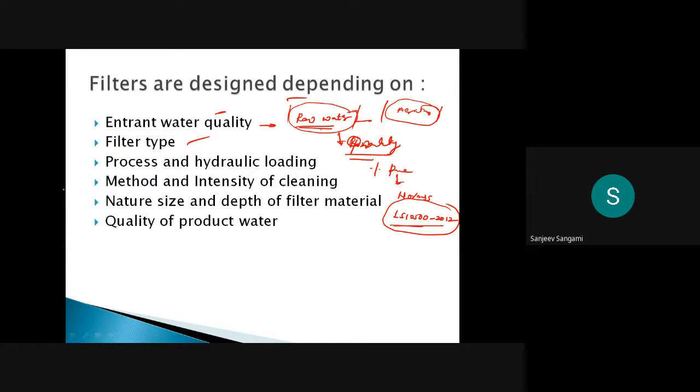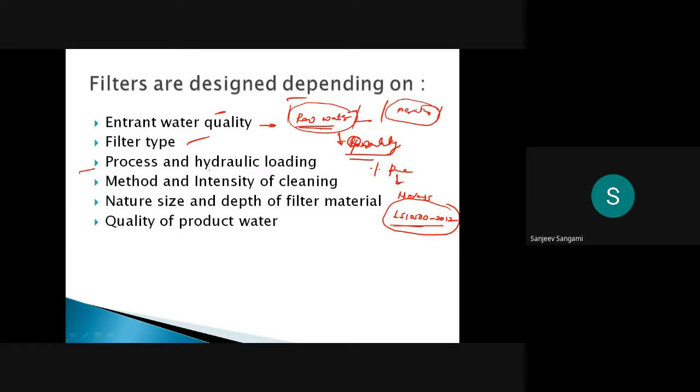Then process and hydraulic loading. What kind of process is involved: whether it is a backwashing system or a slow sand filtration process, different types of processes are involved.